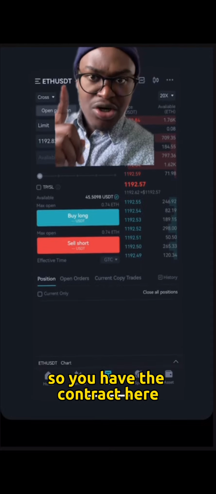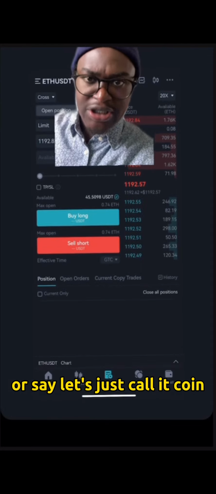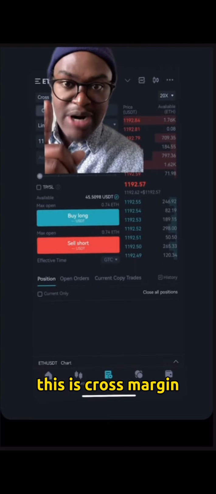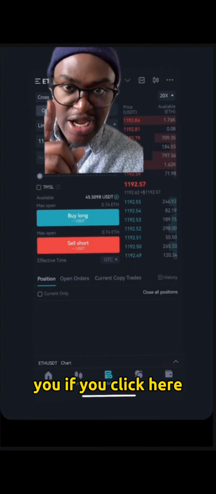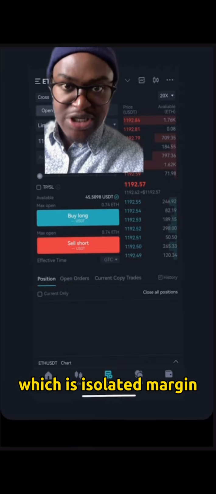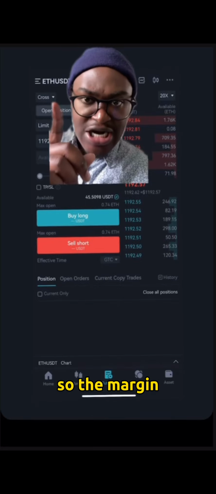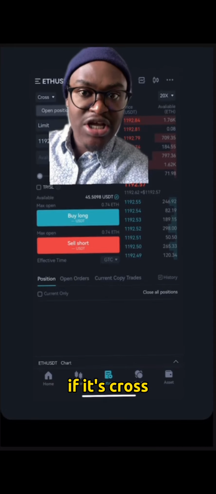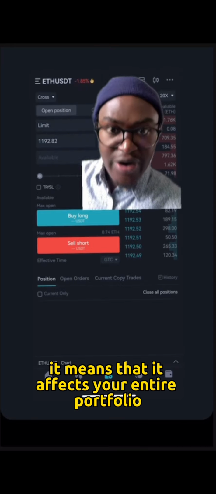So you have the contract here, or let's just call it the coin. Here you can see cross. Now this is cross margin. If you click here, you will see ISO, which is isolated margin. The margin here is simply collateral for the position you are entering. If it's cross, it means that it affects your entire portfolio.